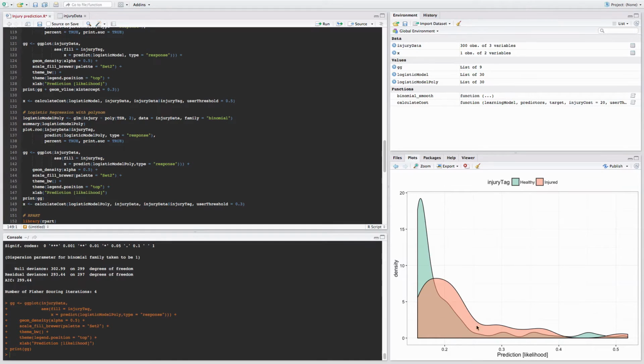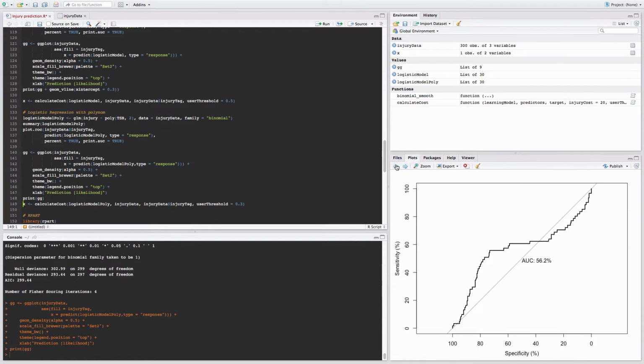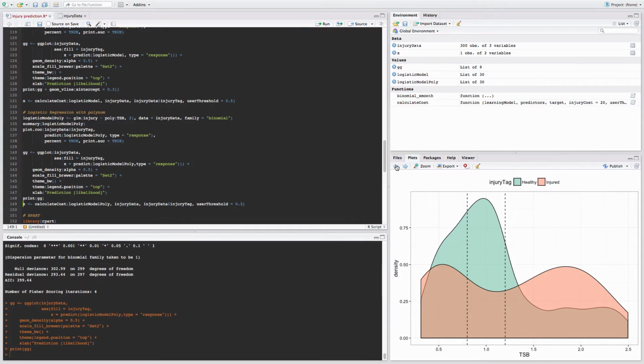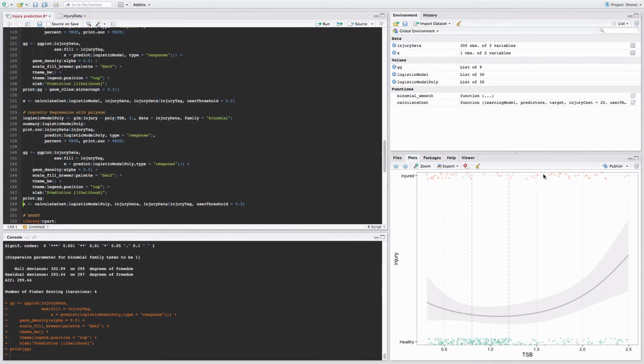Similarly, this model also cannot classify them correctly, but it's a little bit better. And looking at the first graph, it's impossible to expect the model to differentiate these two perfectly because they are not perfectly separated. So there's a big overlap, so we cannot expect really good performance of the model.